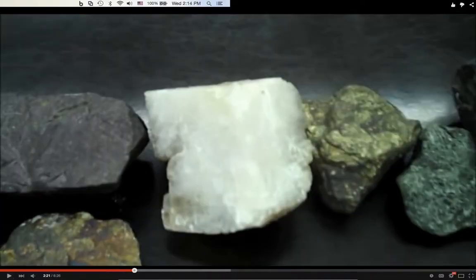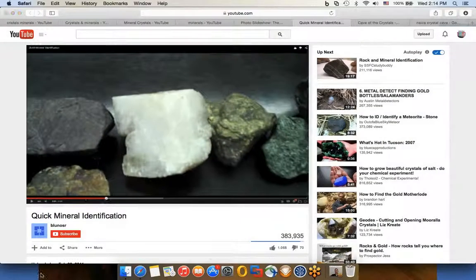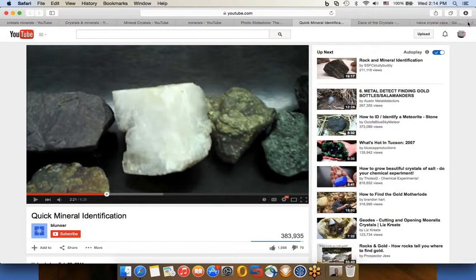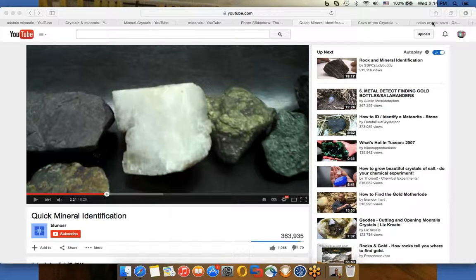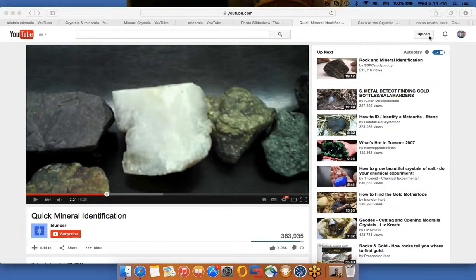So it just goes through the different minerals here, okay? It sounded really fuzzy, the sound, sorry about that. You can look at, I'm not going to go through the whole video because he has a huge gallery of the different minerals.